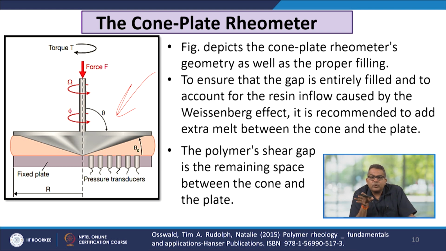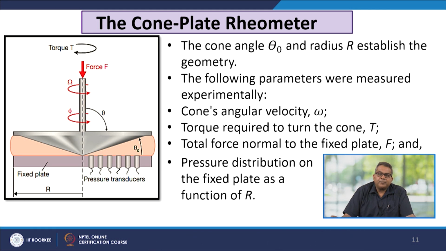Now, to ensure that the gap is entirely filled and to account for the resin inflow caused by the Weissenberg effect, it is recommended to add extra melt between the cone and the plate. This is the fixed plate and this is the cone. The polymer's shear gap is the remaining space between the cone and the plate.